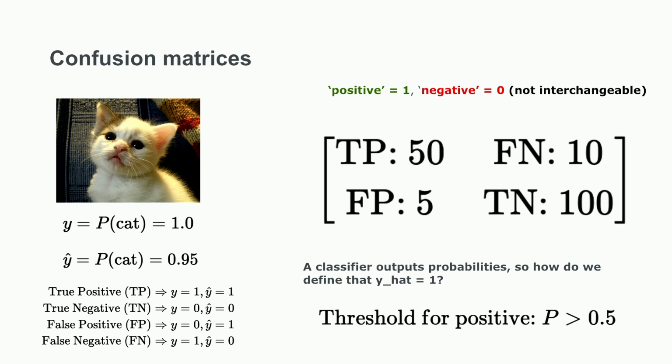And we need to be very careful with this because this is a very common point of confusion. People sometimes believe that you can do the encoding the other way around, that you can use the labels of 0 and 1 interchangeably, and this is not the case because these labels are tied to probabilities.